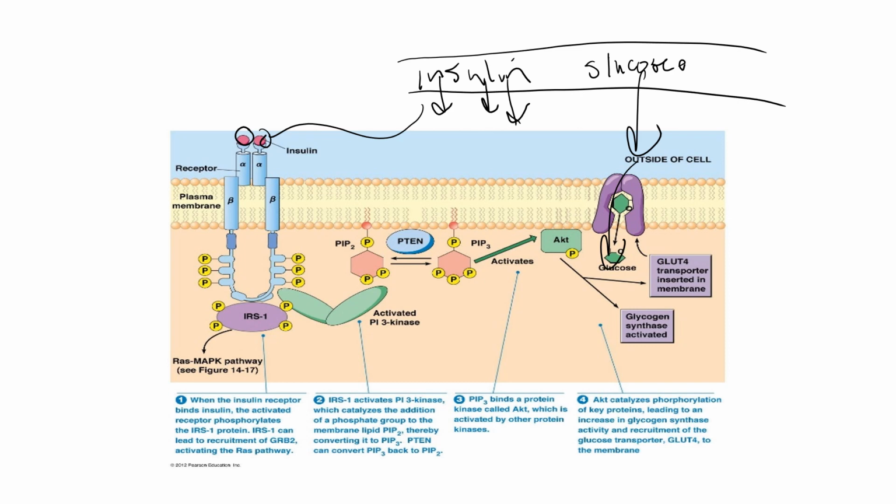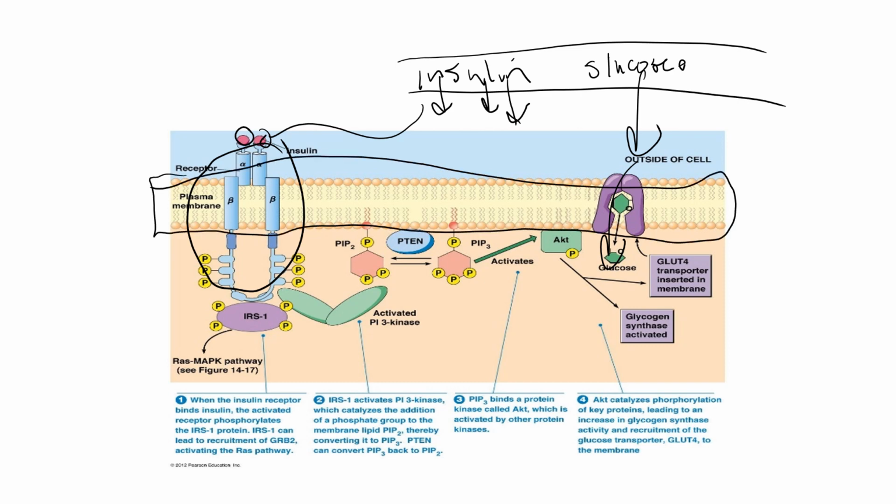Okay, so here's what we're going to do. We're going to first start off by looking at the receptor that insulin, traveling within the bloodstream, binds to on the skeletal muscle cell. Imagine this being the plasma membrane of the skeletal muscle cell.